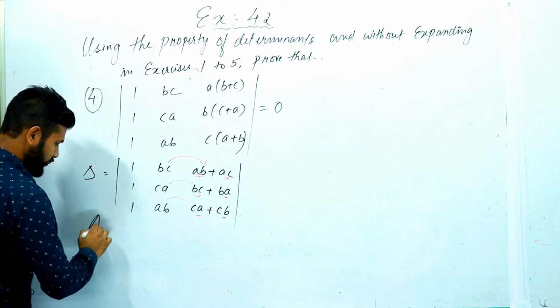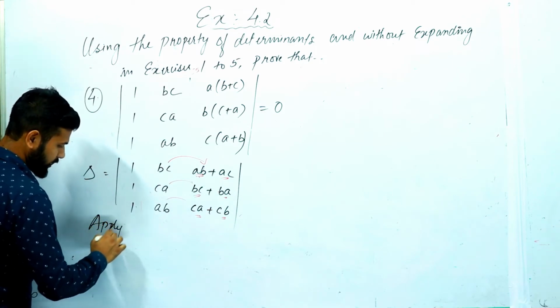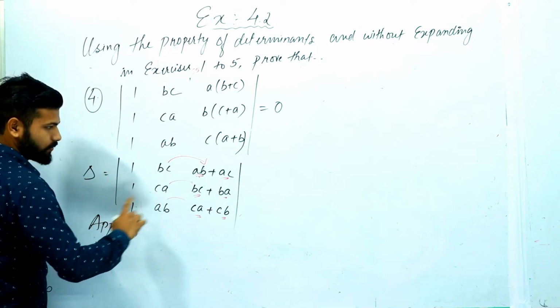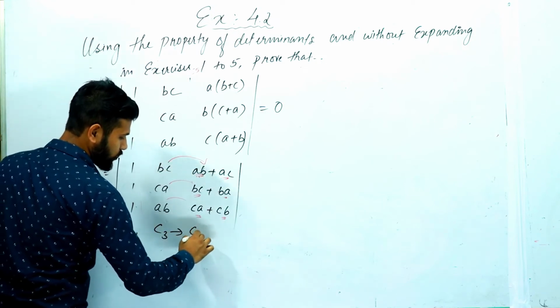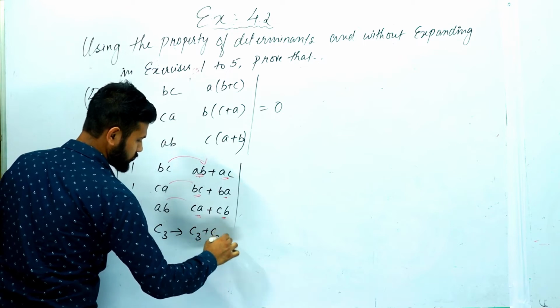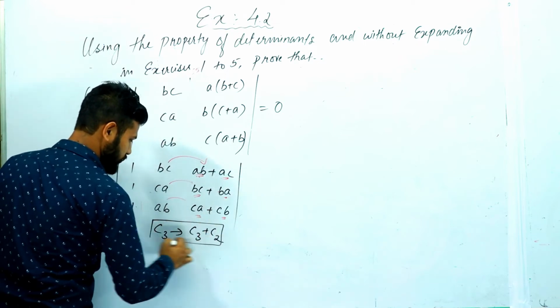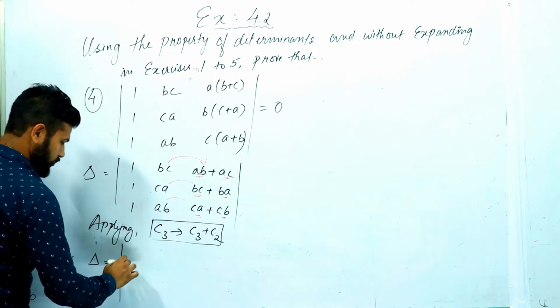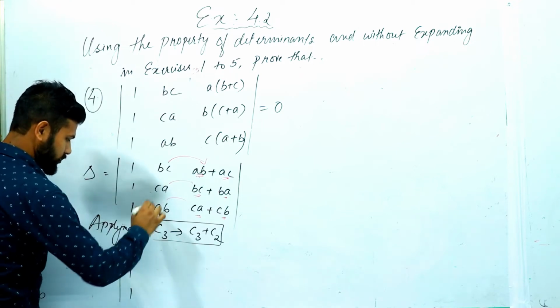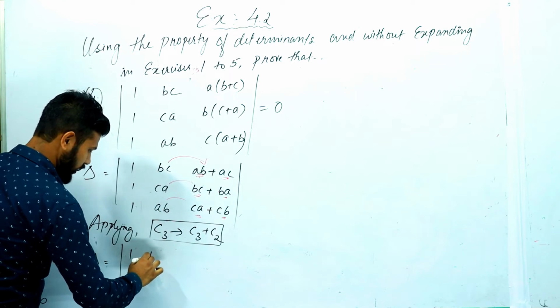So what we are going to do is apply: column 3 is changed to column 3 plus column 2. So here 1, 1, 1. There is no change in column 2, right?